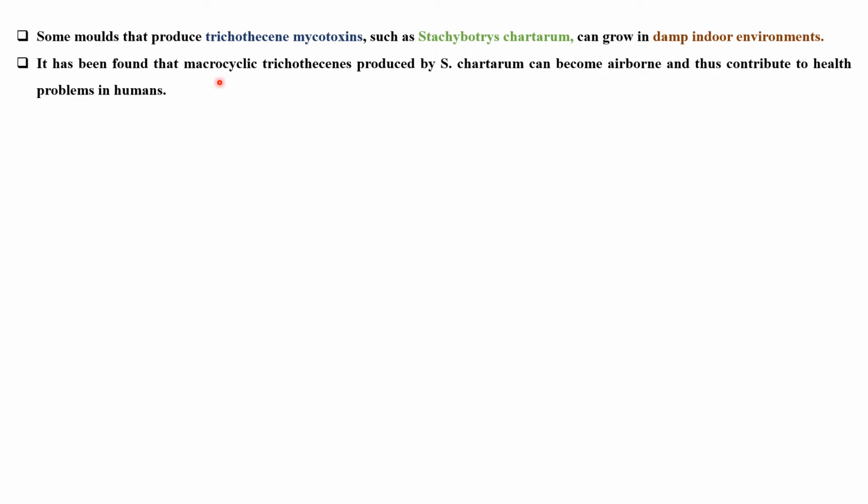It has been found that macrocyclic trichothecenes, which are produced by Stachybotrys chartarum, can become airborne. So they are not only on the surface of this maize, corn, or wheat, but also become airborne and thus contribute to health problems in humans.